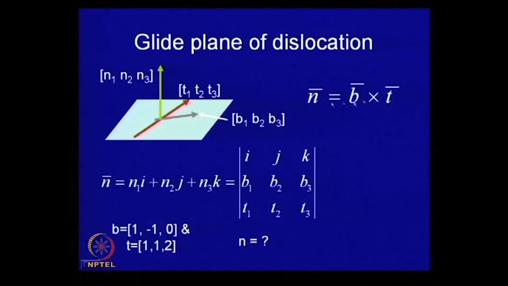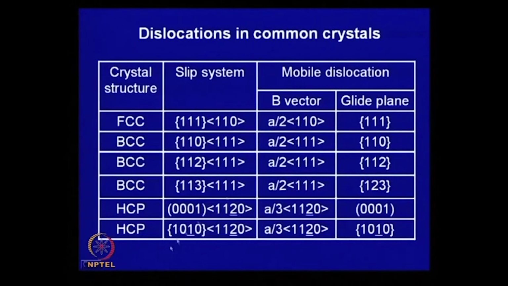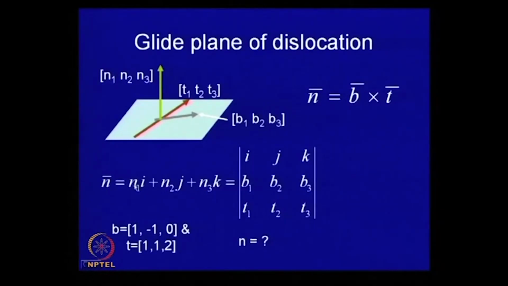So n is actually B cross T. It is possible to show that this cross product in terms of this vector representation is given by these components: the vector n1 i, n2 j, n3 k equals this determinant, with i, j, k in the first row, then the three components B1, B2, B3, and T1, T2, T3.